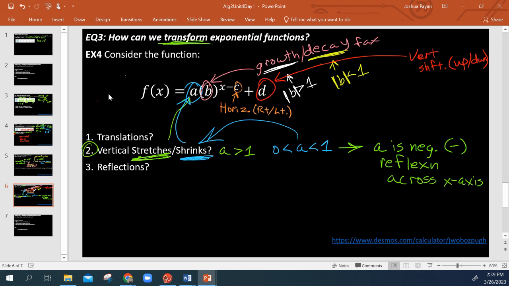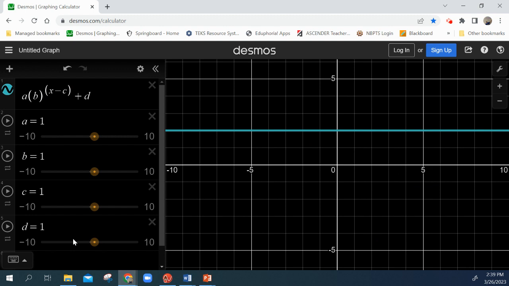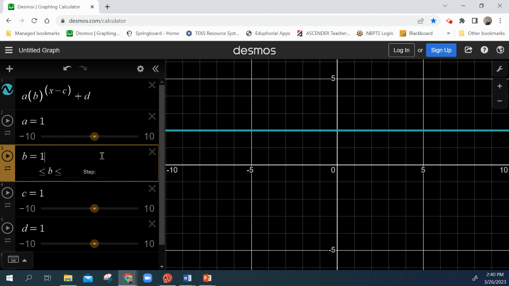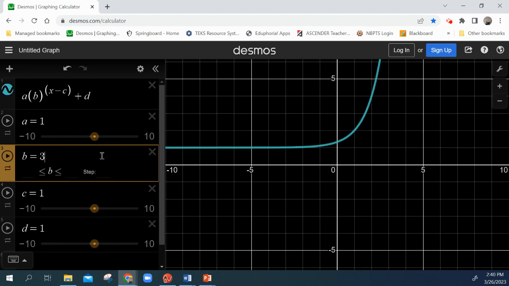Let's look really quickly at the geometry to all this. Here we see our standard form. When A is 1, we're just going to leave A as 1 for now. But let's say our exponential base is a 3.